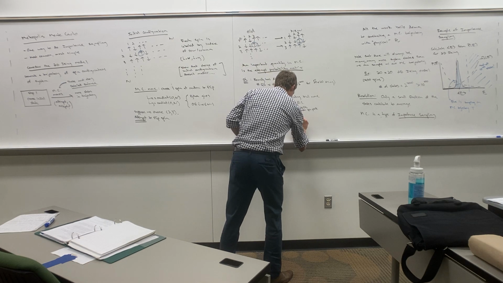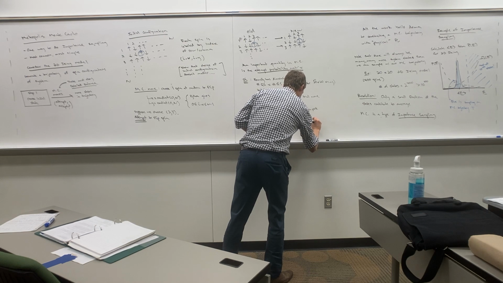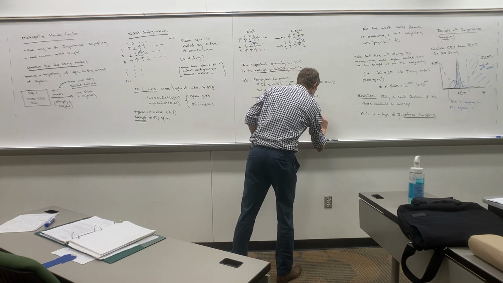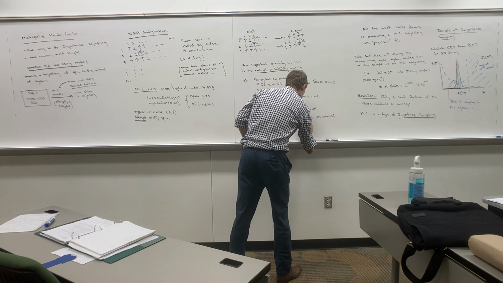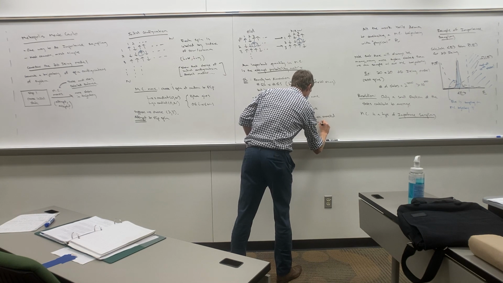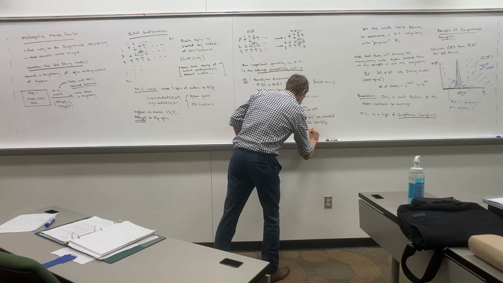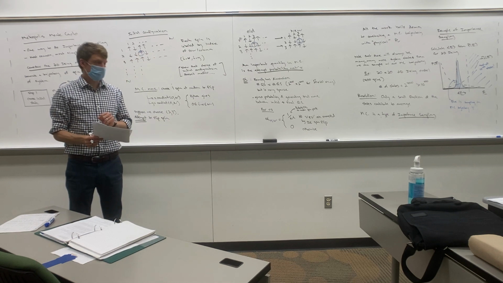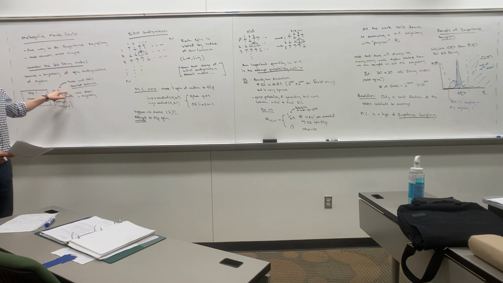So if and only if nu and nu prime are connected by one spin flip, and it's 0 otherwise. Does that make sense? Okay, so we're done with the first part of making a Monte Carlo.